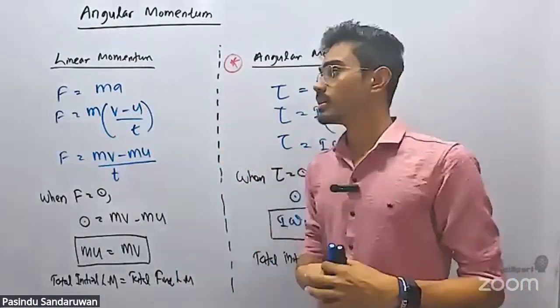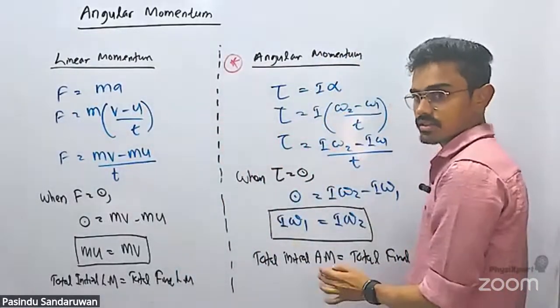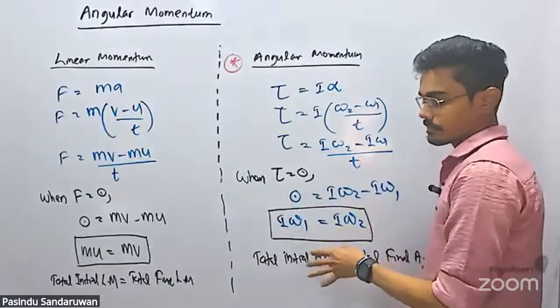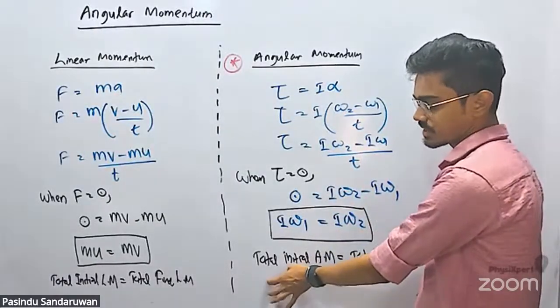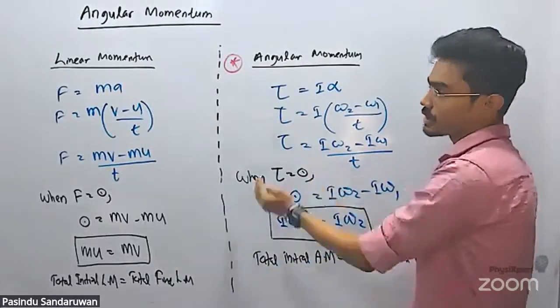Write down under the angular momentum side using red.